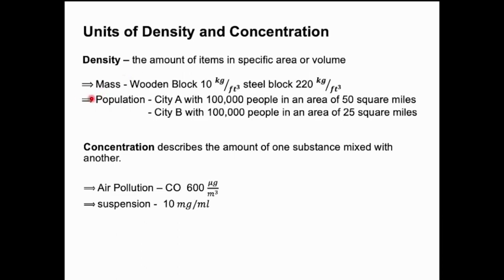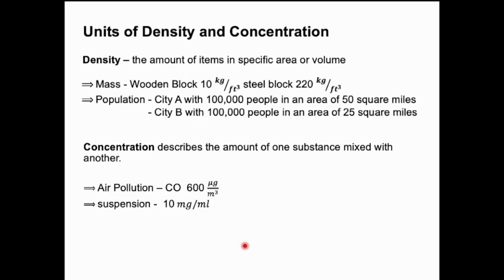Looking at this first example about density involving mass, if we consider a volume that's 1 cubic foot, and we have 2 blocks that are 1 cubic foot. One is wooden, and it has a mass of 10 kilograms. The other one is steel, but has a mass of 220 kilograms.